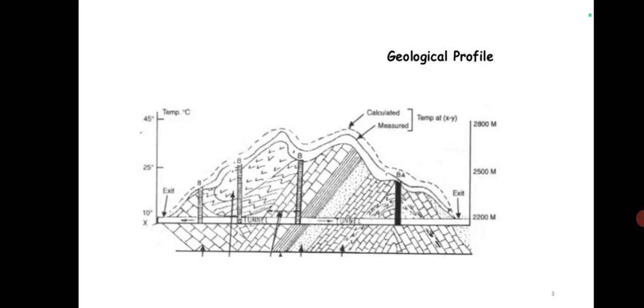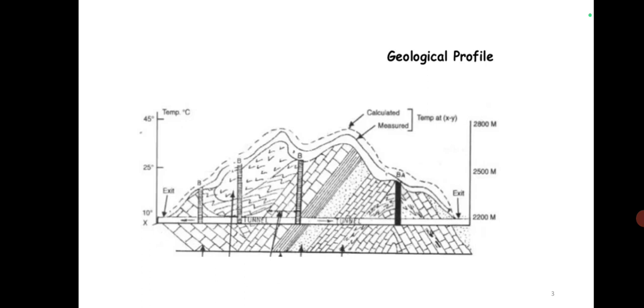So after doing the preliminary survey and detailed survey, collecting the samples and testing them in the lab, we get to know about the geological profile. This is a sample geological profile, and based on this we propose the alignment.